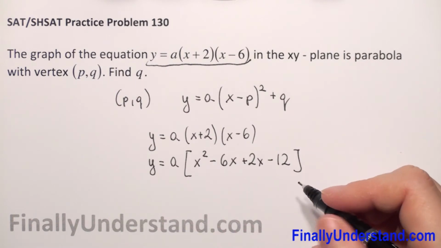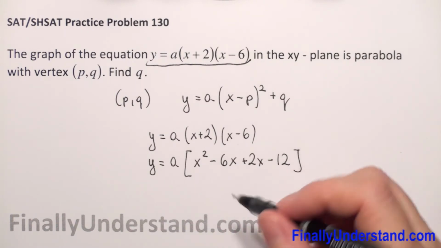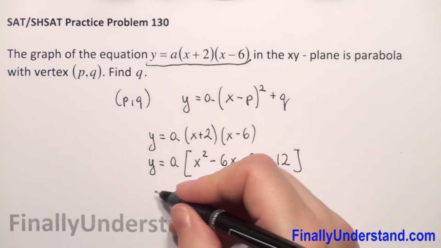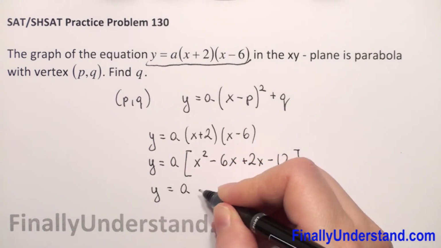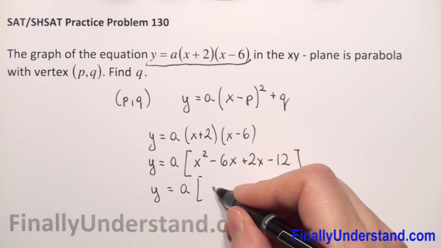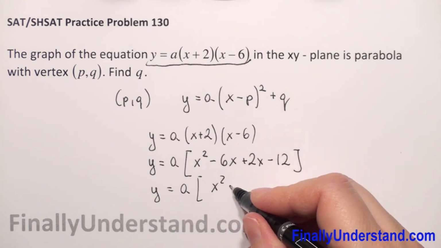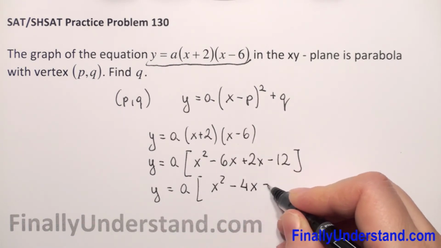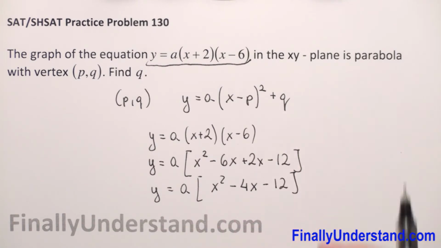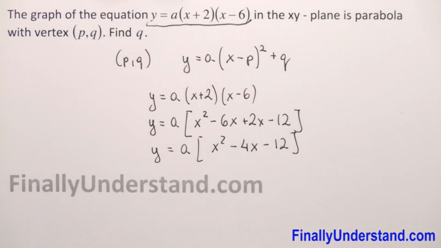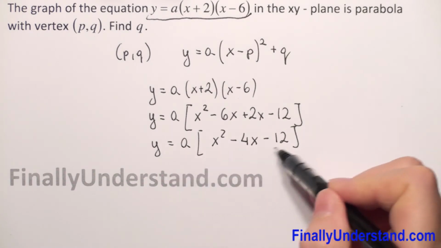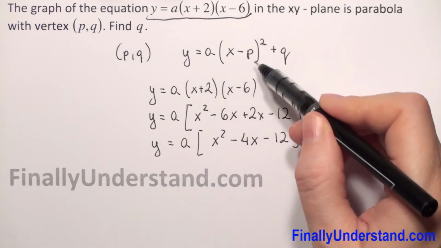Close brackets. And now we will combine the like terms in brackets. So we have y is equal to a, and in brackets we will have x squared, negative 6x plus 2x, so it will be negative 4x, minus 12, close brackets. Like I said, we'll try to rewrite this equation into this form.